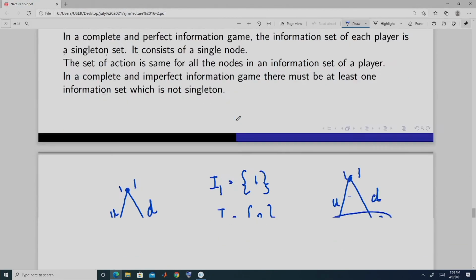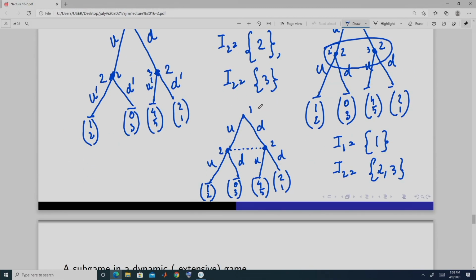And further we require one more thing. Suppose there are two nodes in one information set, and in each node the number of actions is different, then the player will be able to distinguish. So the action set should be the same for each node in an information set. Okay. So it is something like this.